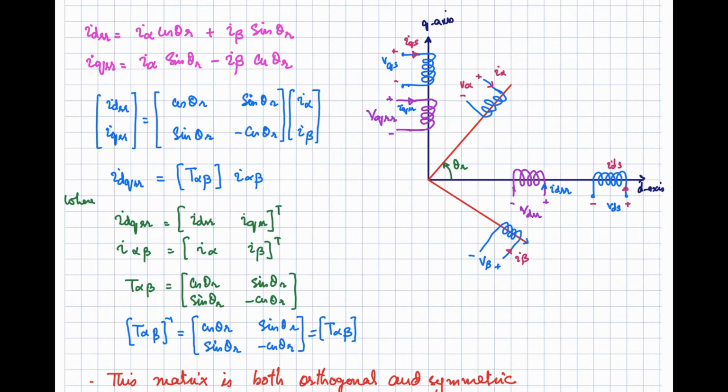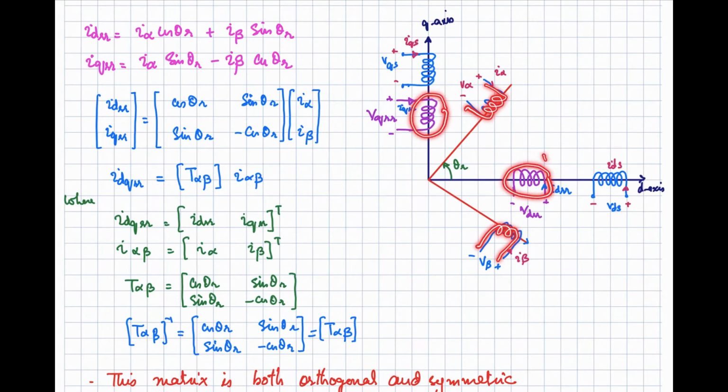So now, how can we translate these rotating windings into two fictitious stationary windings considered at the D and Q axis, representing the rotor disturbances or the rotor effects? First of all, we will see how the currents of these windings will be reflected. Over here we have the current I alpha, and over here we have the current I beta. So we have considered two fictitious windings over here.